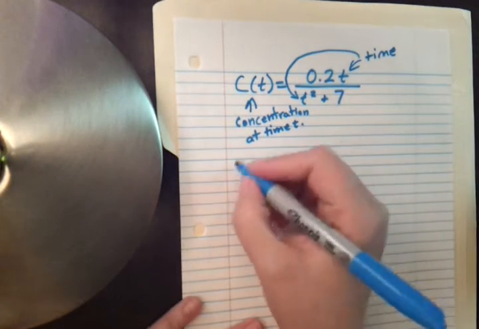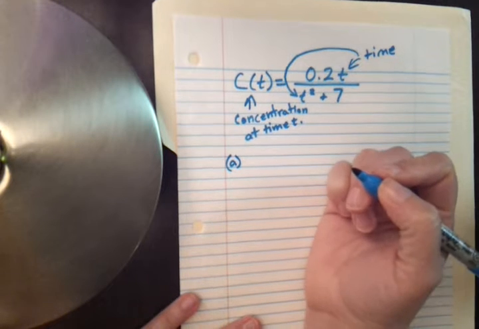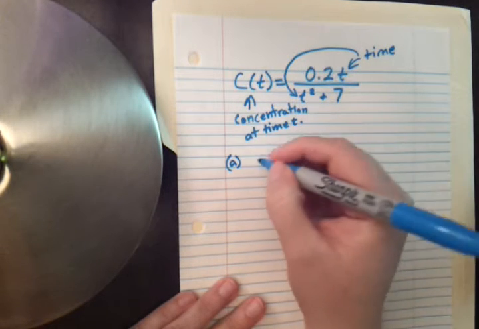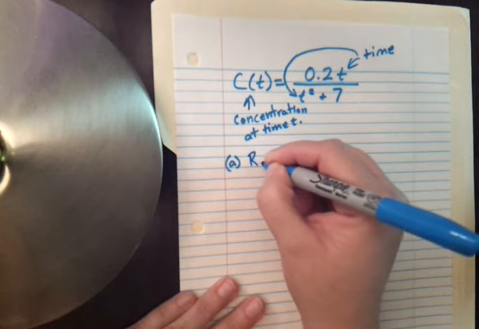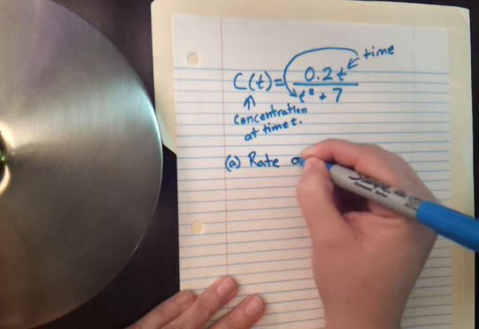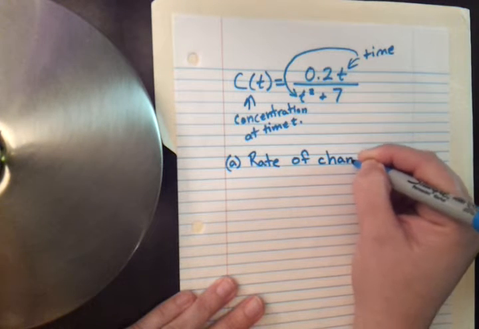Okay, so what are they asking us for? They are asking us in A for the rate at which the concentration of the drug is changing with respect to time. I see a lot of words there, but the important one that I'm picking out is rate, rate of change.